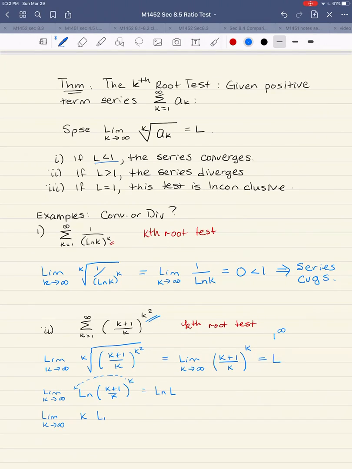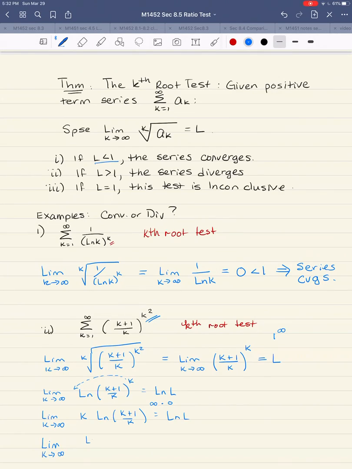So we have the limit as k goes to infinity of k times the natural log of k plus 1 over k is equal to the natural log of L. Now as k goes to infinity, the first factor goes to infinity. The second factor becomes the natural log of 1. The natural log of 1 is 0. So this is an indeterminate form.